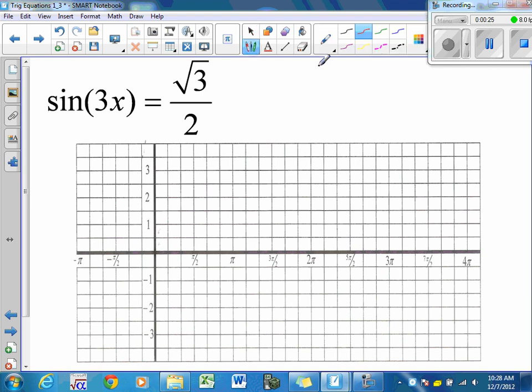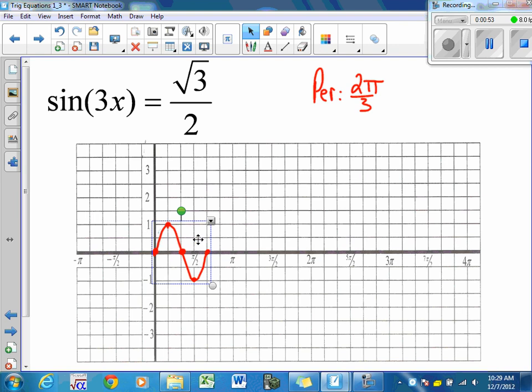Now, first let's graph sine of 3x. What the 3 does is it changes my period to 2 pi over 3. So if I graph this, sine starts at 0, ends at 2 pi over 3, here it's in the middle, here it's there, so my graph looks like that.